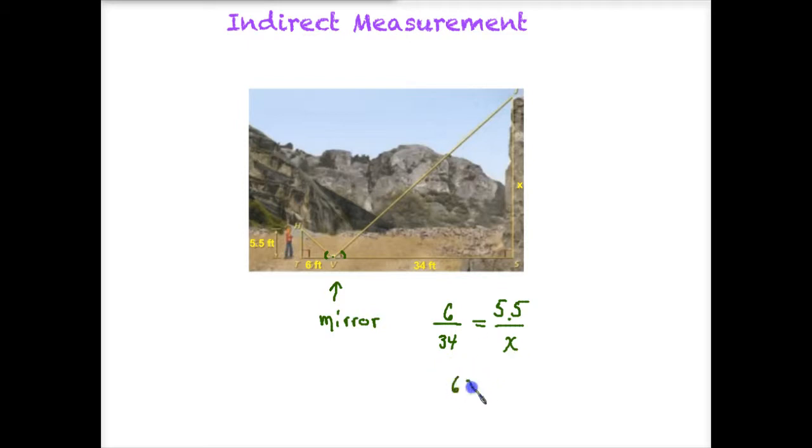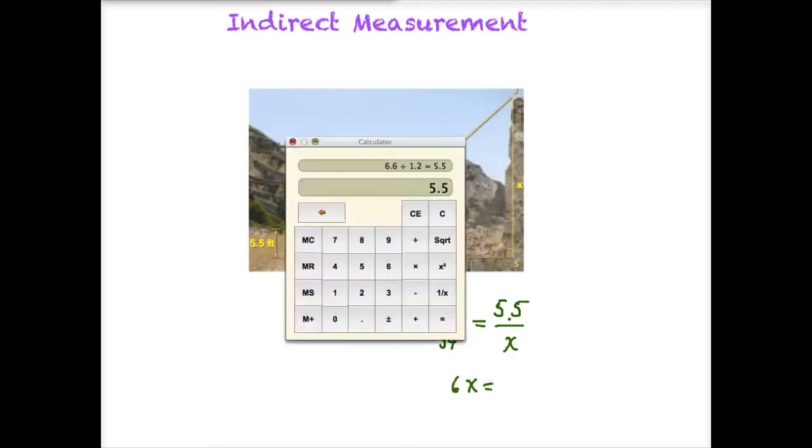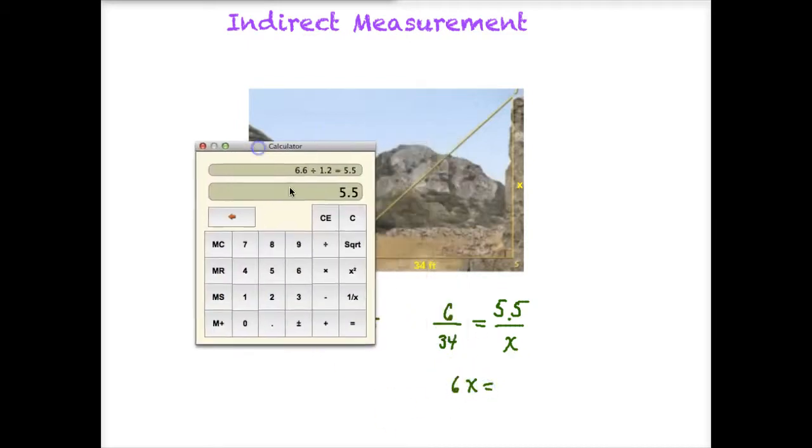Now, just by cross multiplying, we can take in our calculator 34 times 5.5 and get 187. Divide both sides by 6, and we get 31.17 feet. And that's the height of the canyon.